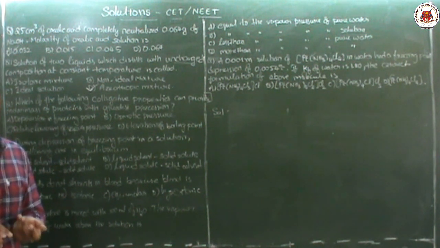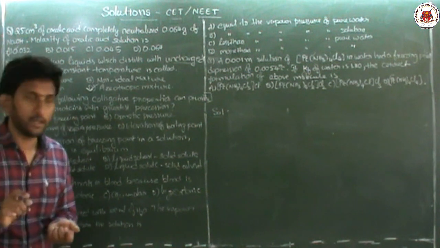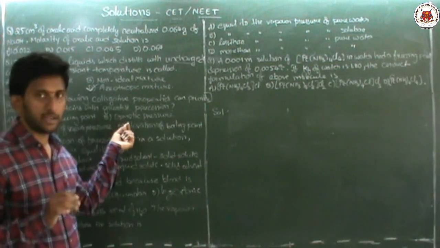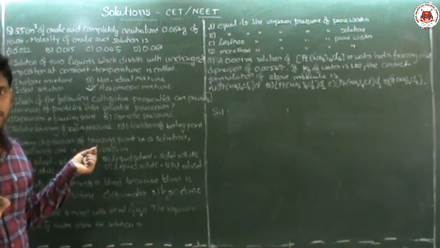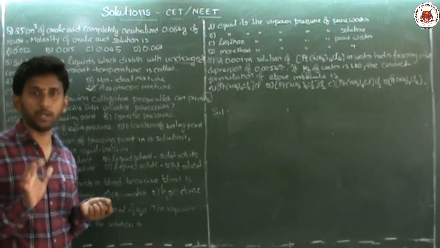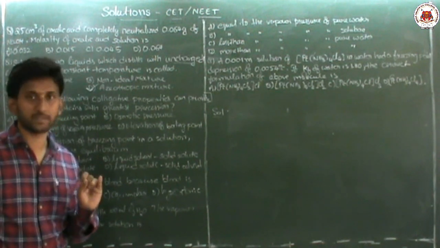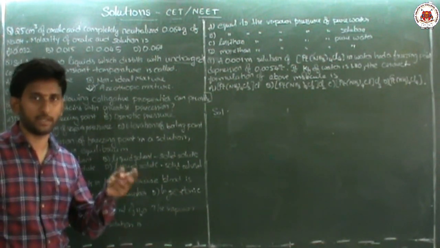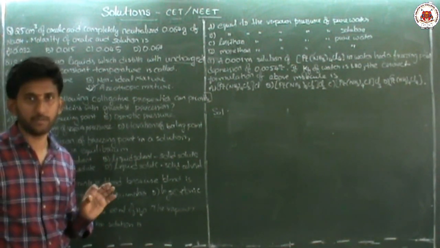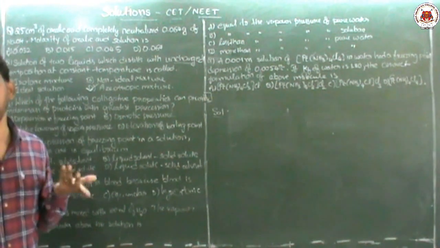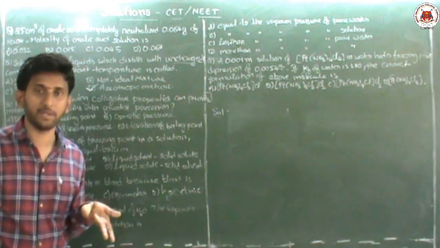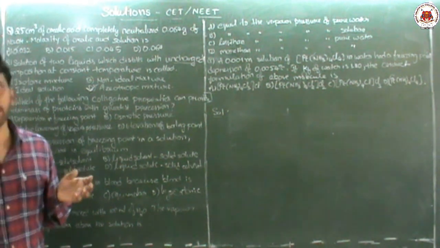Out of that, for calculating the molecular mass of macromolecules, meaning proteins, enzymes, lipids, or whatever you take, those biomolecules basically, because at high temperature, low temperature, or at higher pressures those molecules can get denatured.